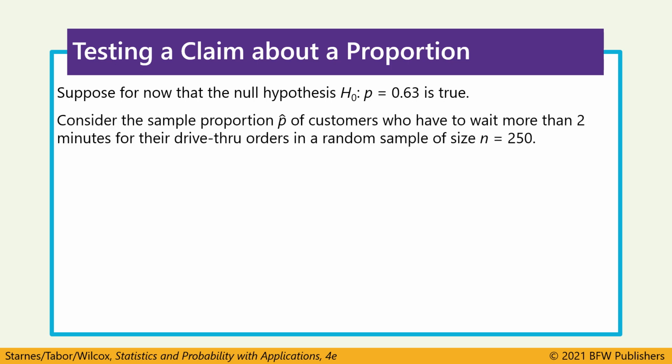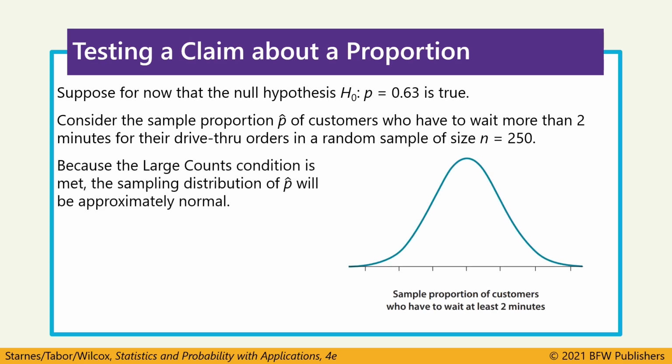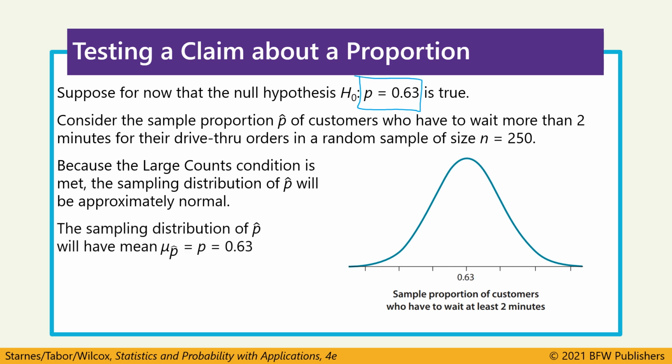So to start, we're going to create a sampling distribution. In this sampling distribution, we're going to assume that that null hypothesis is true, and the true proportion of people who have to wait too long is actually 63%, which means that 0.63 is going to go right in the center of our curve. The other thing that we need is the standard deviation. This is a sampling distribution of size 250. That's our sample size.